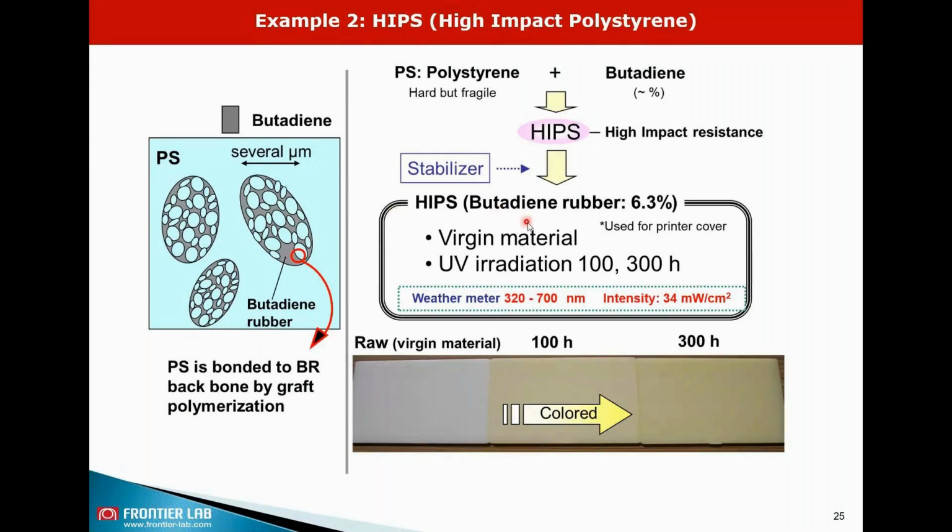What we are trying to show here is how the PY-GCMS coupled to the UV radiator can help you look at the integrity of these samples when they are exposed to sunlight.